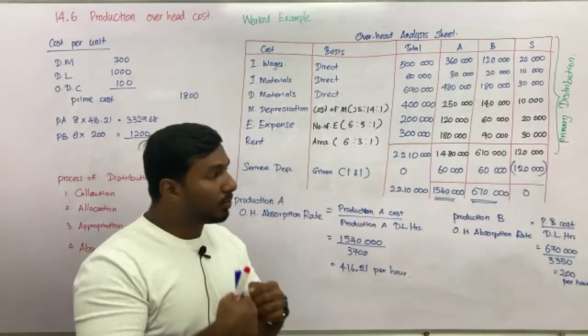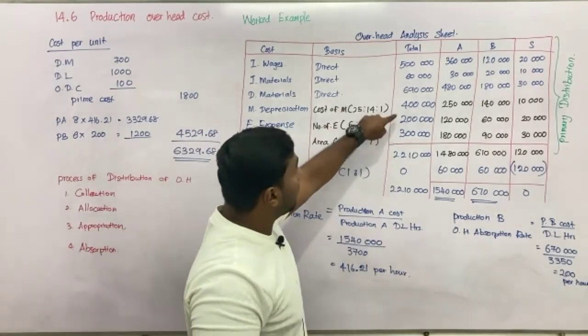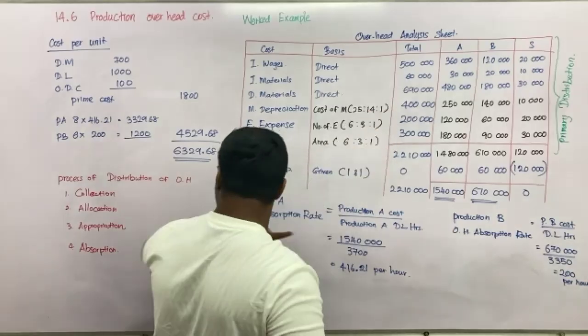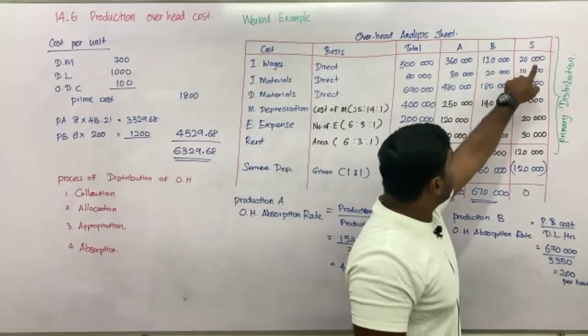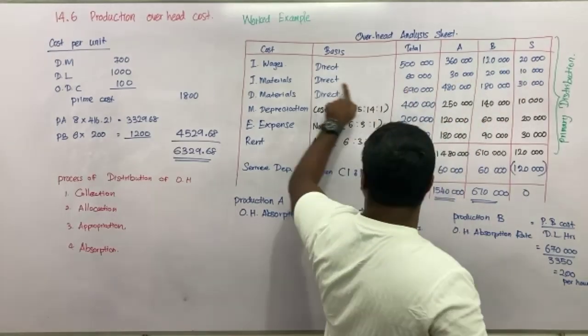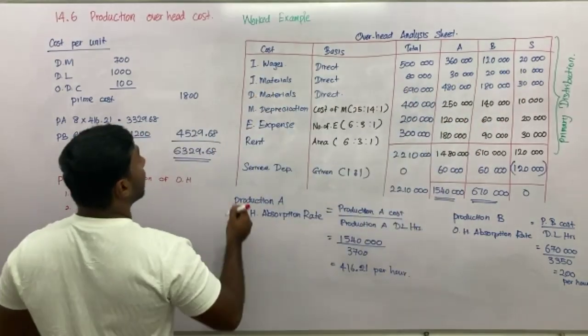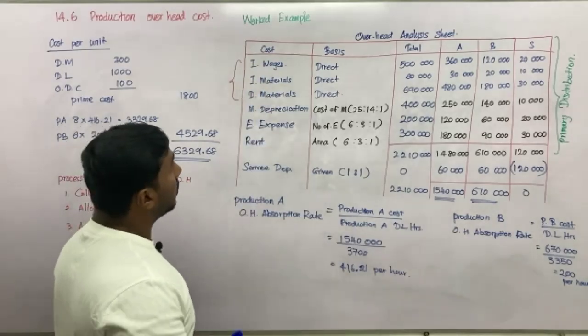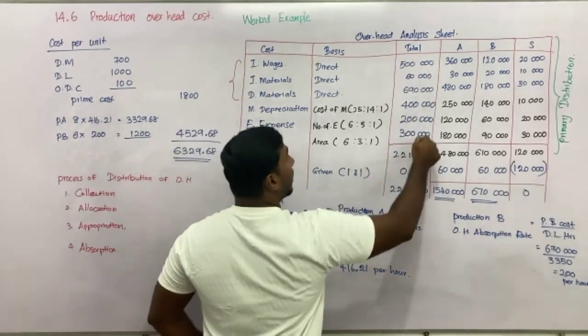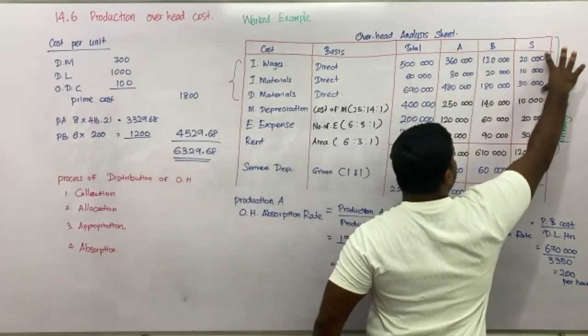This is the collection part. Then allocation: we allocate into A, B, and C. First, we have collected, and we have allocated for these three.